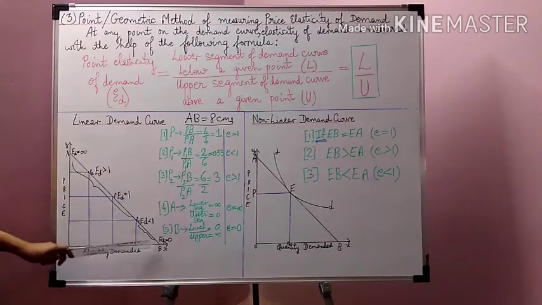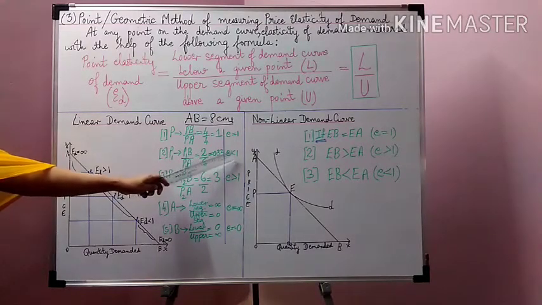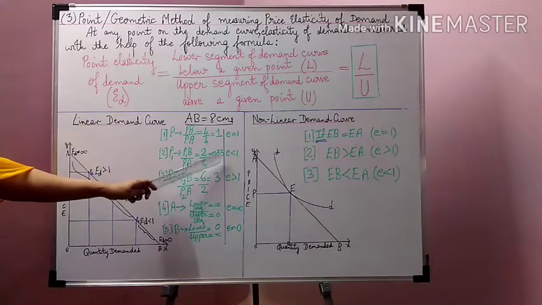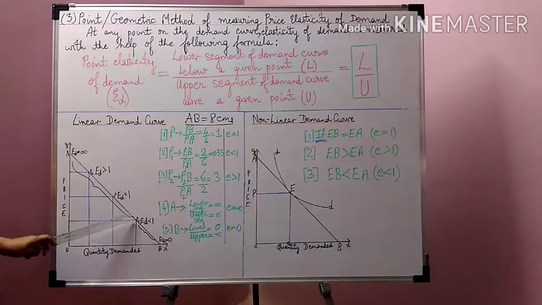Now this is 2 upon 6, which gives me 0.33. This is less than 1, so elasticity is less than 1, that is relatively inelastic demand at this point P1.